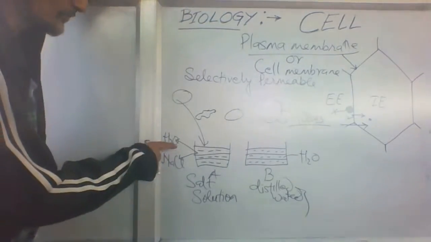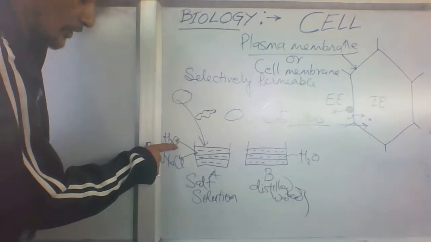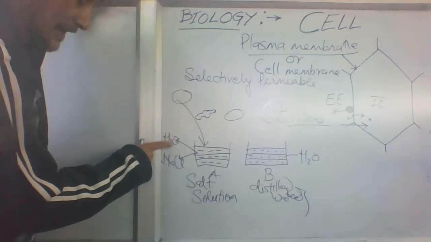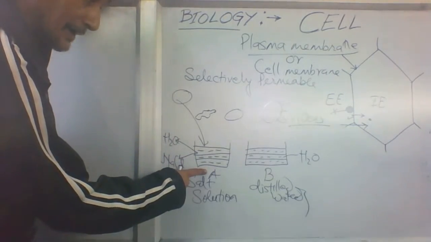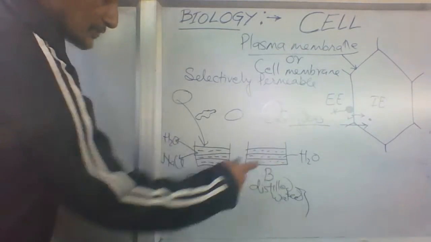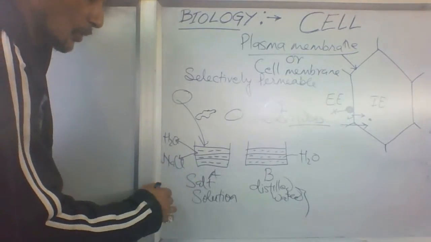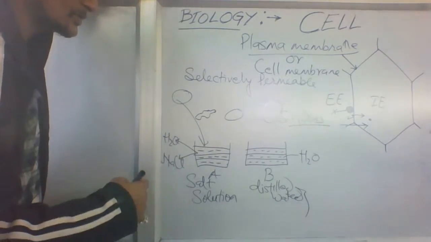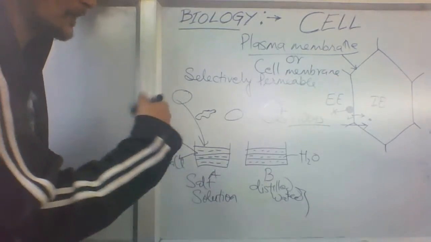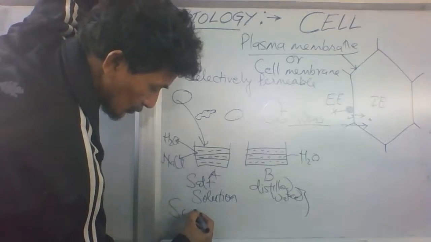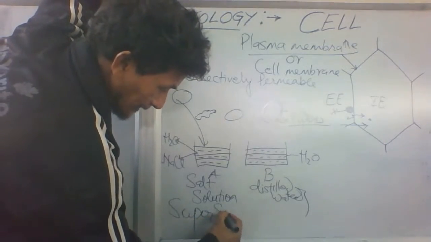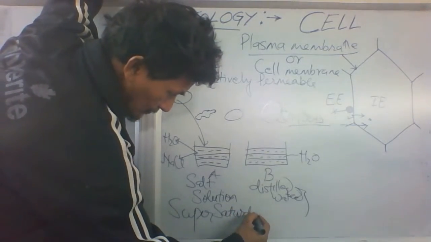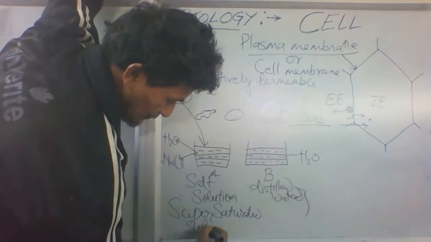It means the concentration level of the hydrogen oxide, meaning water, is less in jar A in comparison with the H2O in the other jar. Salt is more in concentration. This means it is a saturated or super saturated solution.